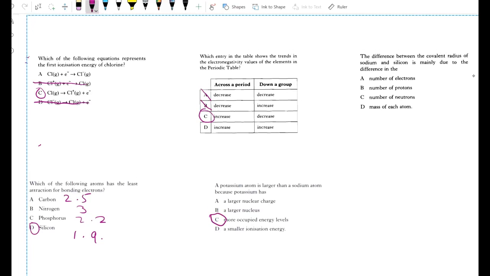The difference between the covalent radius of sodium and silicon is mainly due to the difference in the something. Okay, so covalent radius is another way of saying atomic size, and we're moving across a period. So we're looking for the number of protons because that is representative of the nuclear charge.